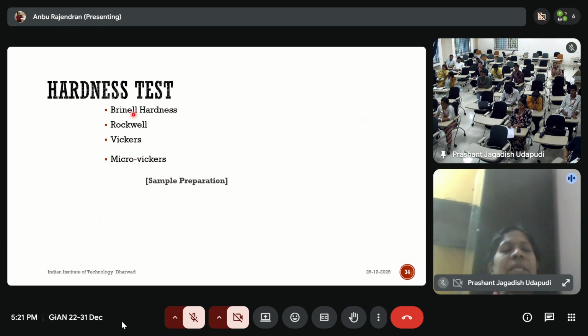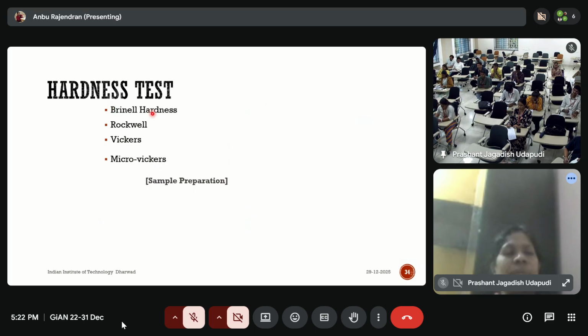There are multiple hardness methods based on the load applied, the area covered, and the indenter used, so you can classify them into multiple types. The larger area will be covered by the Brinell hardness test. It is suitable for measuring hardness of any cast product, because a cast product has heterogeneity in its microstructure distribution.